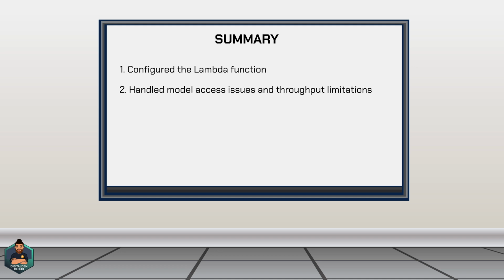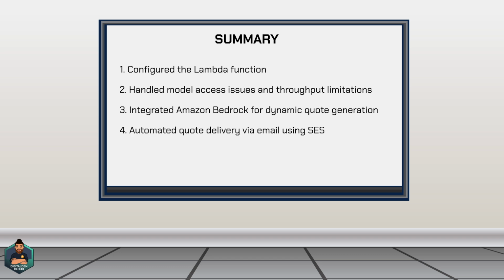We've seen how to configure the Lambda function, handle model access issues, and resolve throughput limitations using inference profiles. The function now integrates seamlessly with Amazon Bedrock, generating quotes dynamically and delivering them via email. You've also learned how to diagnose and resolve errors, ensuring robust and scalable AI integration.